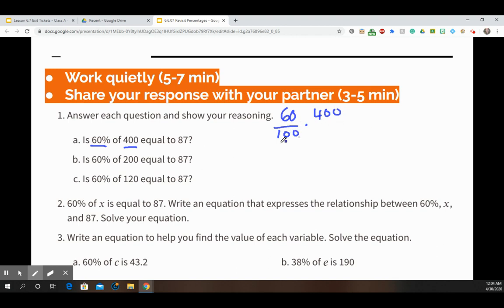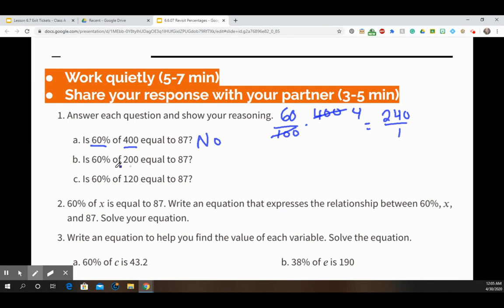And I need to figure out, is that going to be equal to 87? This way is pretty easy once you know cross-cancellation. I can take out the 100, and if I divide 400 by 100, I would be left with 4. Then 60 times 4, well, I know right away it's not going to be 87. But what is it? 6 times 4 is 24, so 60 times 4 is 240 over 1. So no, it's not.